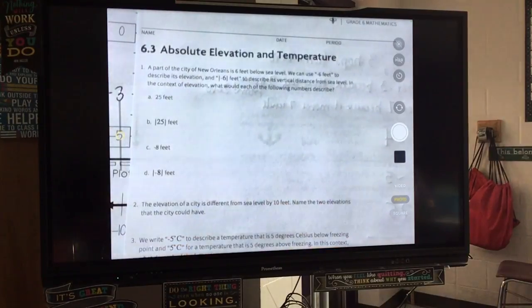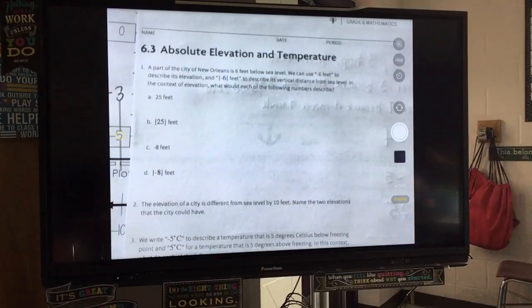25 feet could be what? What could 25 feet be? Joe? 25 feet in the air, underground, or above what? Above water. Above sea level. So then the absolute value of 25 feet could be what? Because it's positive, it could be 25 feet.